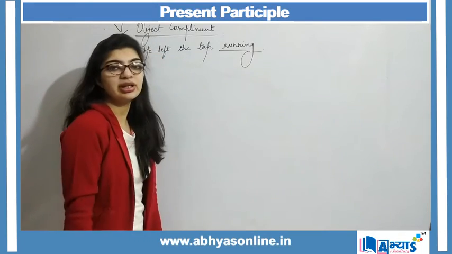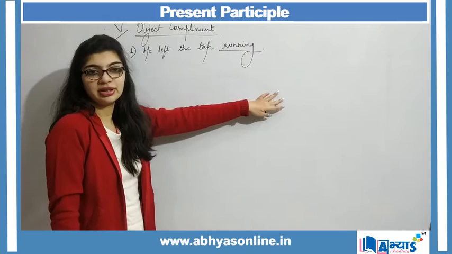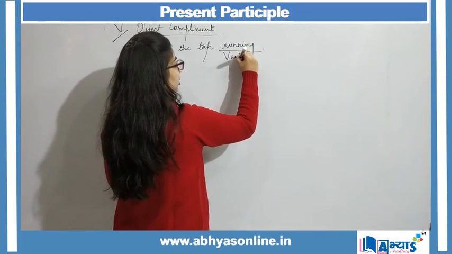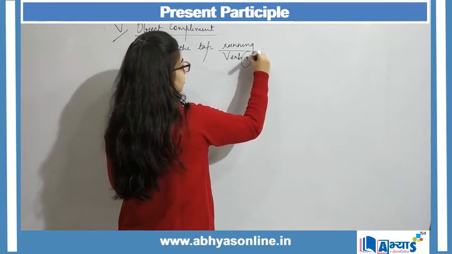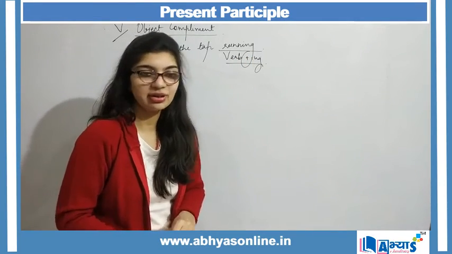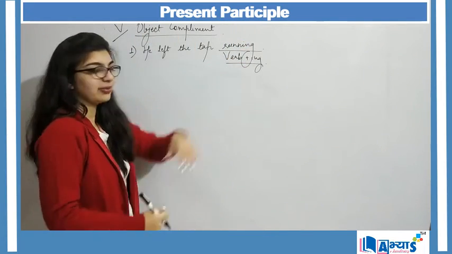Now running over here is my object complement because it is acting as verb plus ing, and verb plus ing acts as a participle. Therefore, participle can act as object complement.